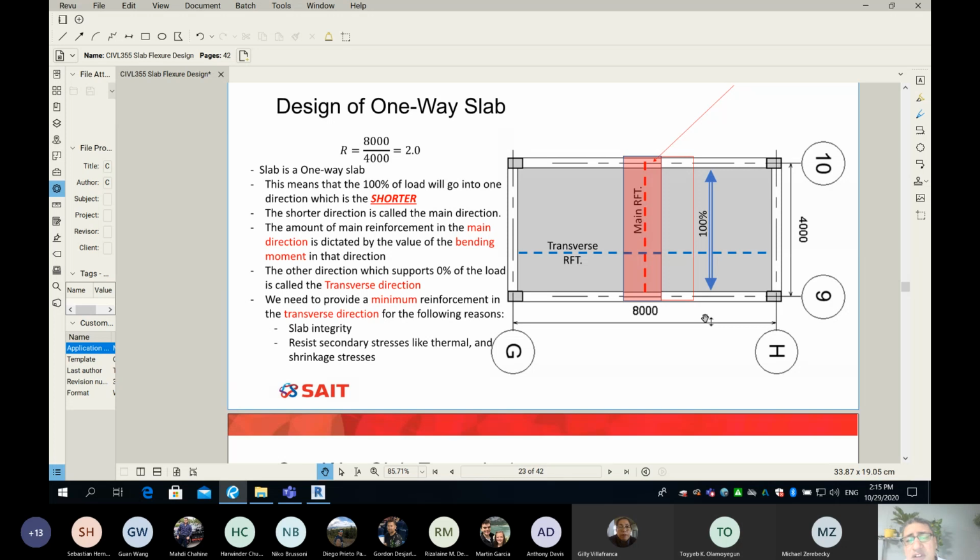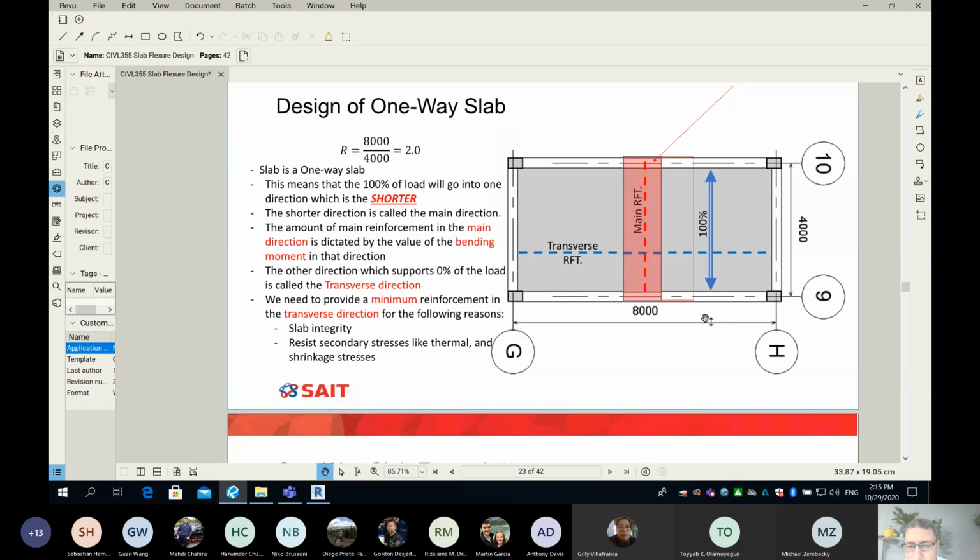How about the transverse direction? We add minimum, not based on bending moment, it is based on zero bending moment. So then why do we add them? For slab integrity, because the slab is a two-dimensional element, even if we simplify it into adjacent design strips, at the end of the day it will work and behave as a plate element.